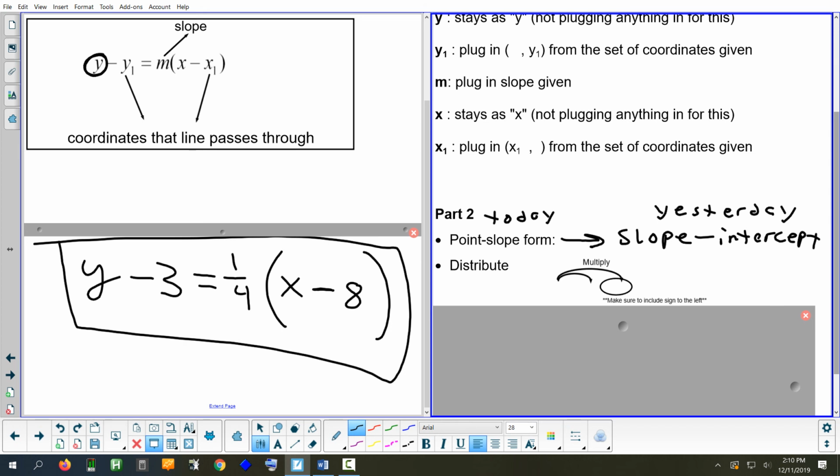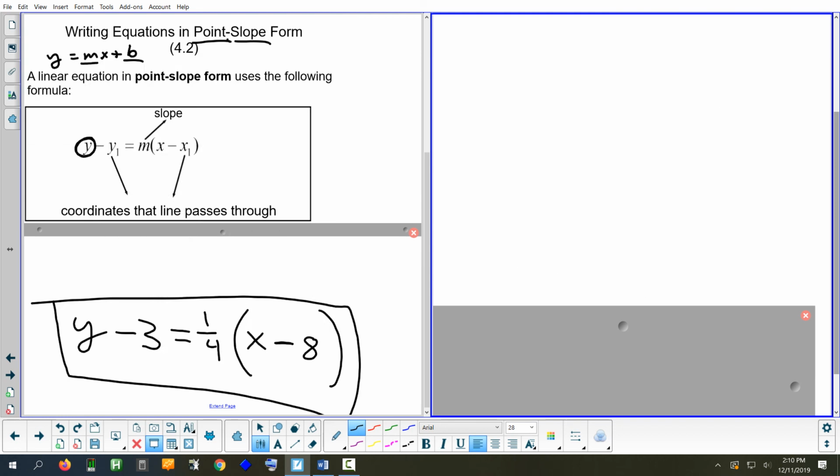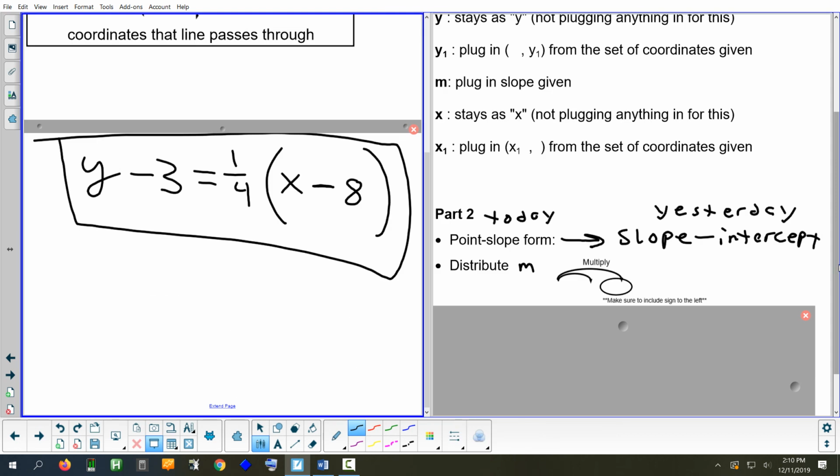So what you have to distribute, I'm going to just add the letter M in there. Distribute the M. What's the M in my problem? The 1/4. Is there a sign to the left of the 1/4, like a negative? No, there's no sign here, so I don't have to worry about that.